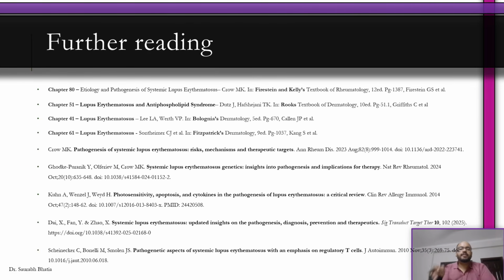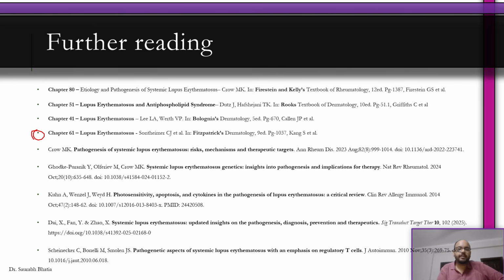Now, finally, these are some reading recommendations. I went through a lot of different kinds of articles to have a basic understanding of LE, and I would recommend that you read the Fitzpatrick chapter on LE first, the basic one. It's the least that you should do.